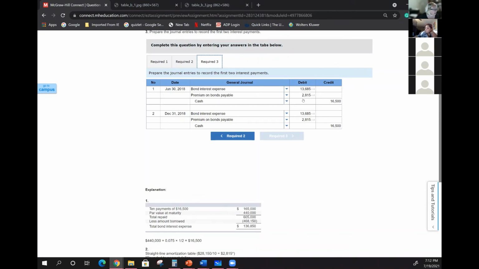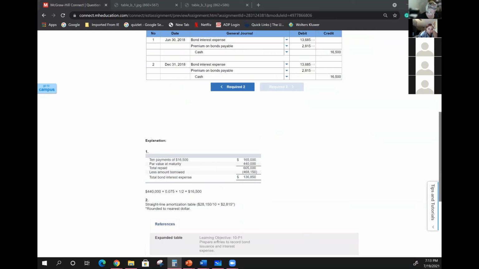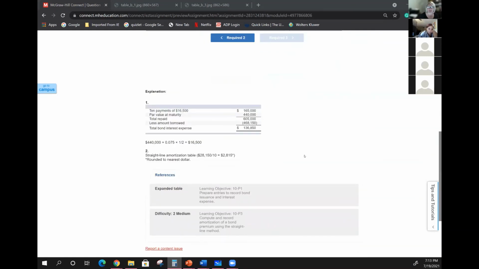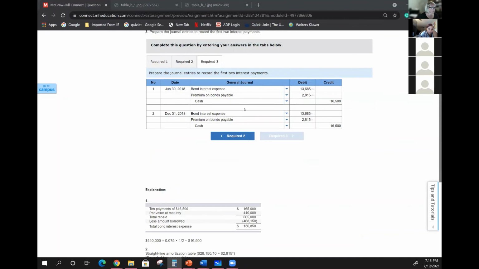It's taking that 28.15 away from the 16.5. What's happening is you're basically expensing the payment of the 16.5, and then you have a credit to the expense for that premium amount of 28.15. Then you just offset them together, and the difference is what's getting debited. So it's not the full expense.